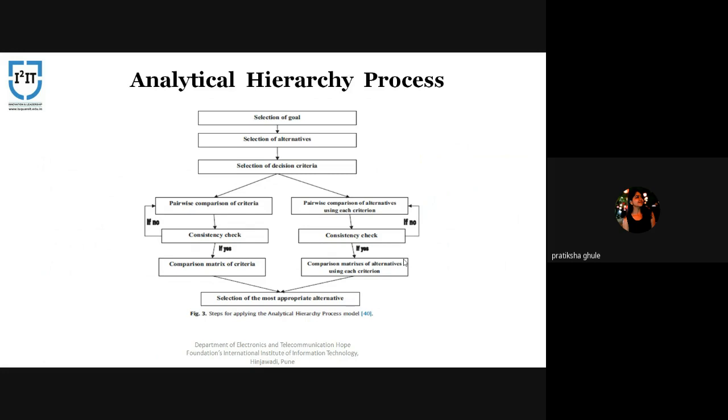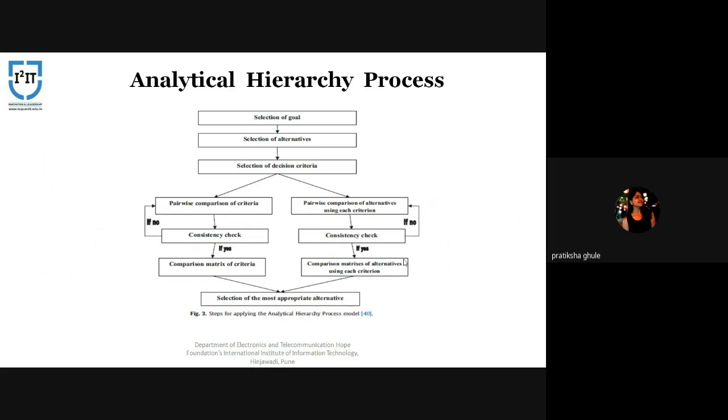Here we can see on the left side there is a pairwise comparison of criteria, and on the right side, pairwise comparison of alternatives using each criterion. So for a criterion there will be alternatives, right? Firstly we will compare between the different criteria, and then inside each criterion we will compare the alternatives.